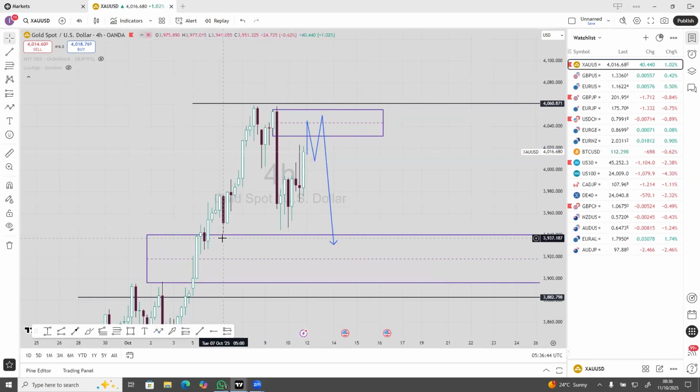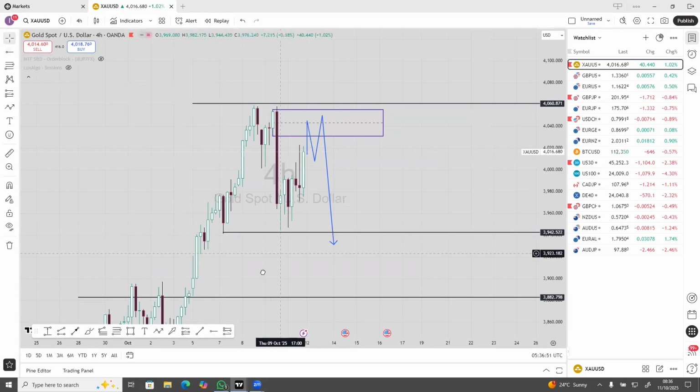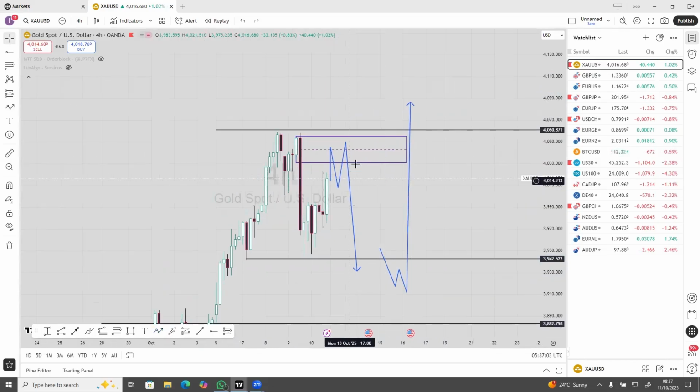You can see there is liquidity over here. Okay, price may sweep that liquidity. After the liquidity sweep, you can get a mitigation of the daily fair value gap, and then continue with the buys, that is gold.